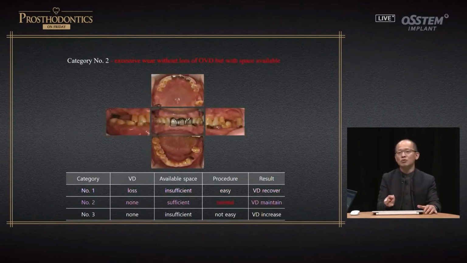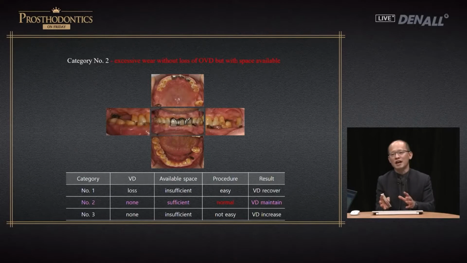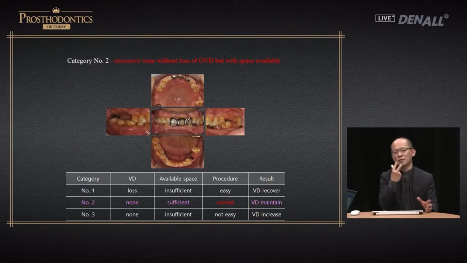But the key, more challenging cases will be number 2 and 3 cases. There's a bit of wear for the number 2 category, but there is limited space available. Then aesthetics-wise, if it's okay, using the current VD will be okay, or a slight increase of VD will do.